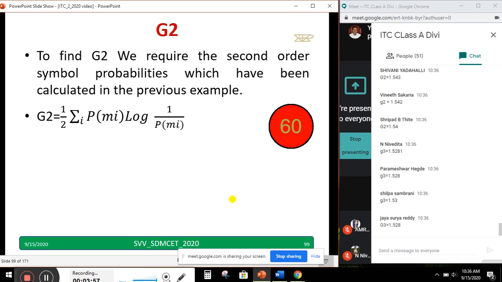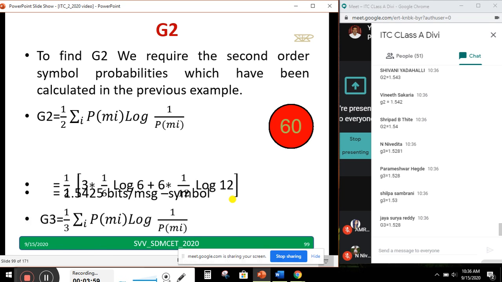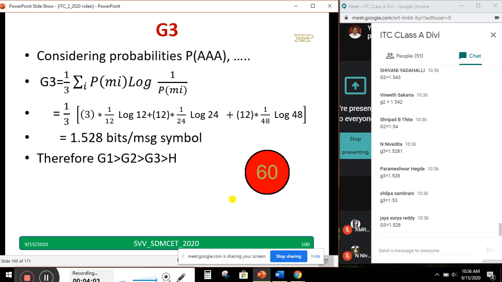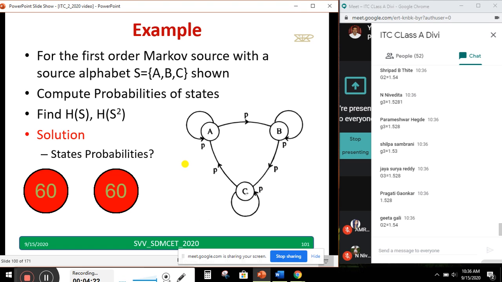I am happy to see most of you have done G3. And for G3 also I had to follow the same procedure. I got 1.528. I think Jaysurya also got the same. Shilpa, Parameshwar, answers are the same. Very good. Very happy to see your answers, which would take more time in the class to check in your notebook. But here you can type at a time, and you can see 10 students' answers. Pragati, 1.528, very good.